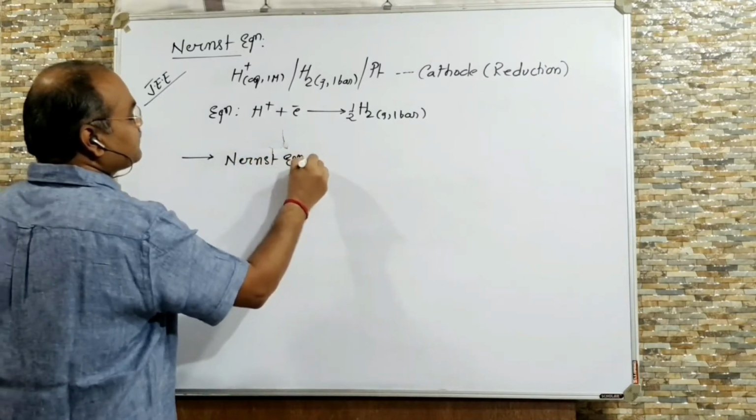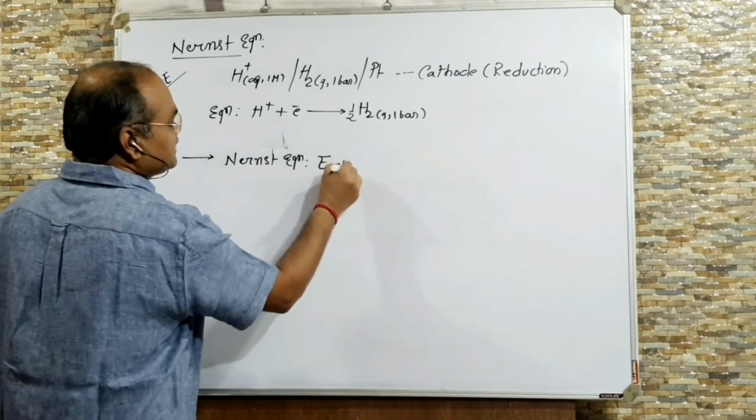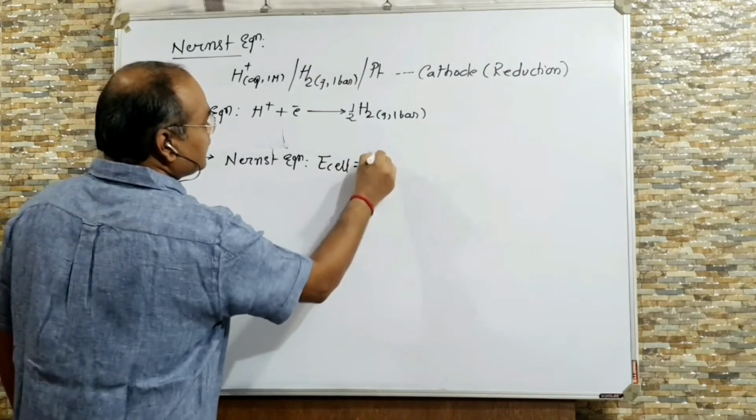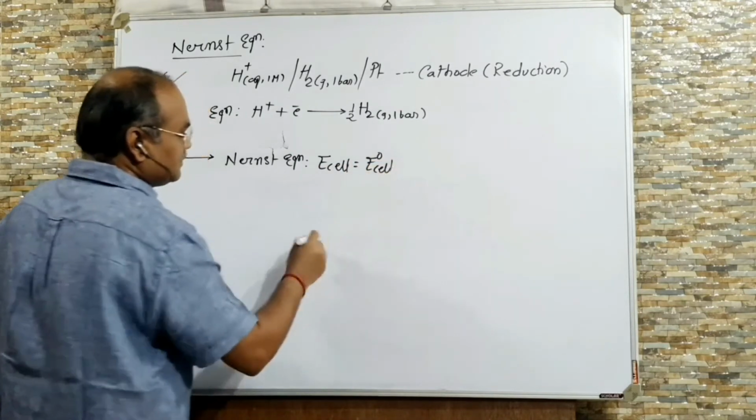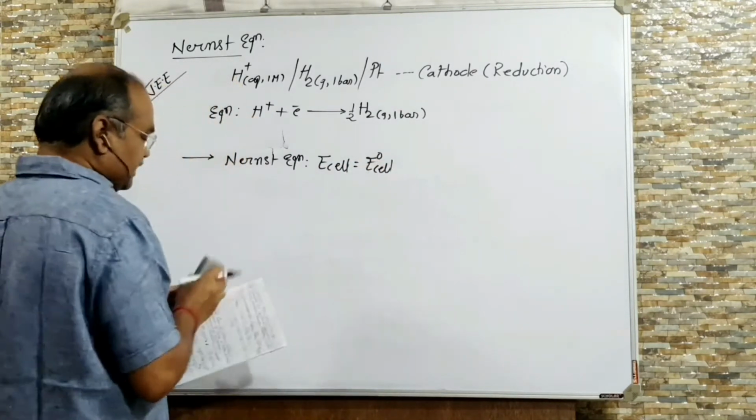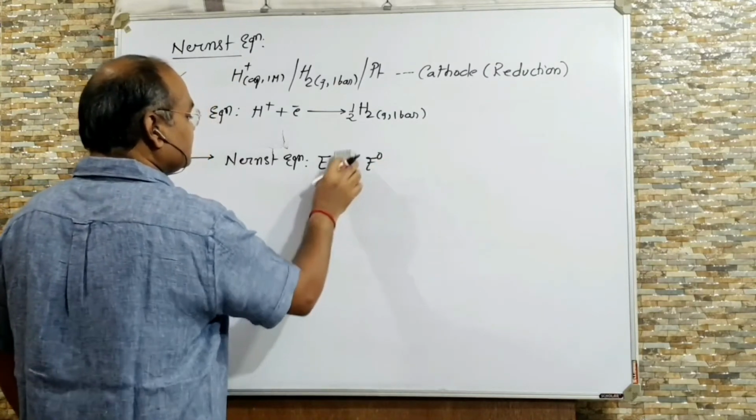Nernst equation is E cell is equal to E0 cell. Actually you cannot write cell because it is a half cell.